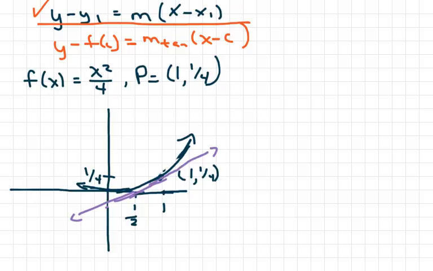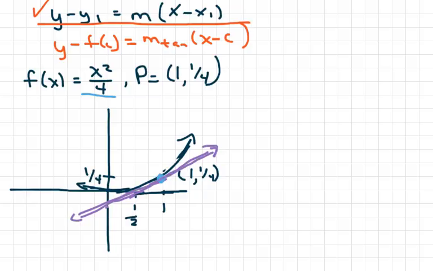Instead of x and x sub 1, we're going to use x and c, because it's some constant c. We want the equation of the line that goes through this point for f of x equals x squared over 4. I already drew it here, and we just want the equation of this line.